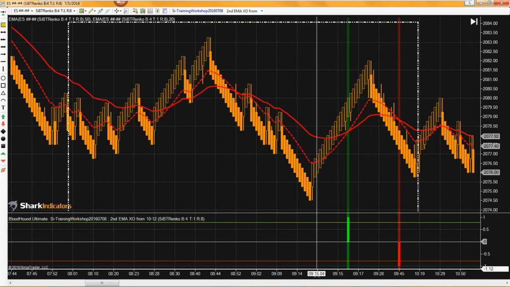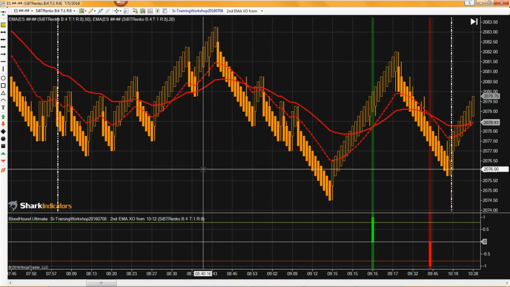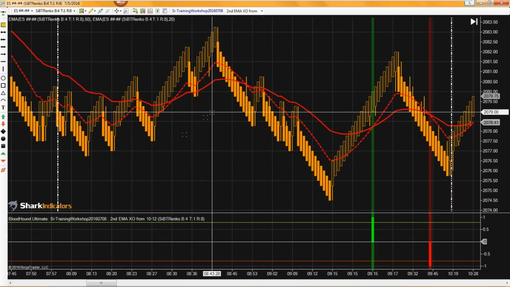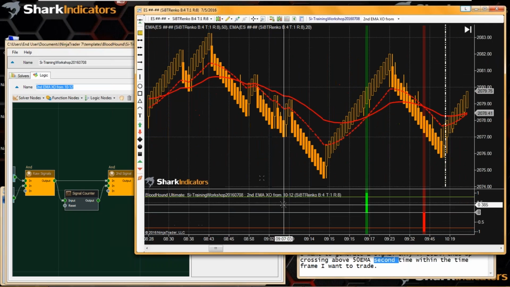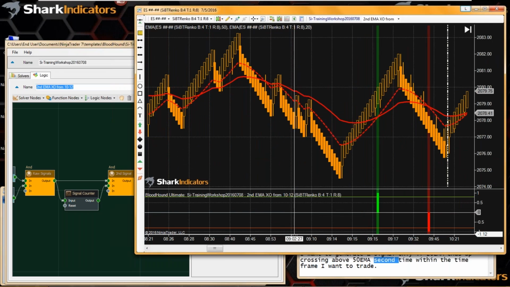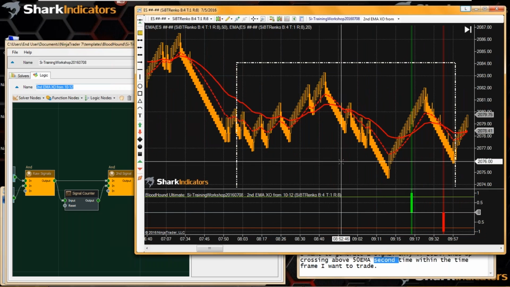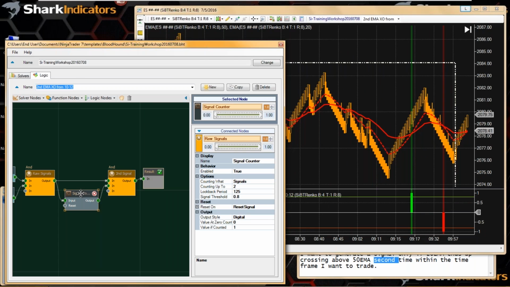Actually, I'm going to close this up first. Okay, so I just renamed my logic template here, right? This is set up great for a 1-minute chart.